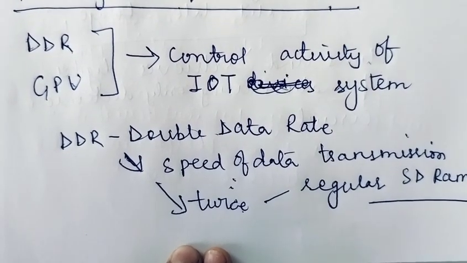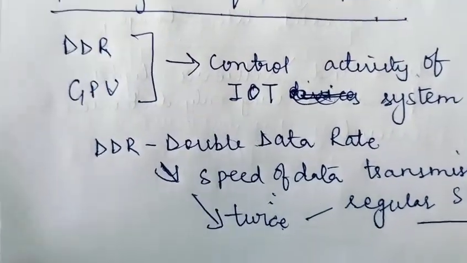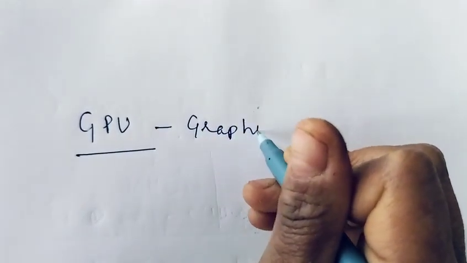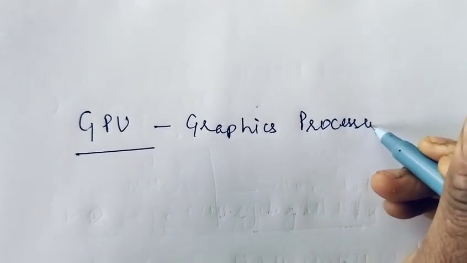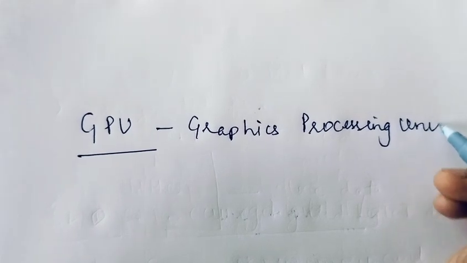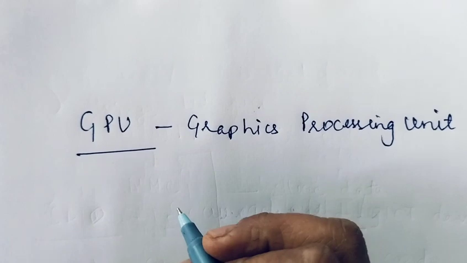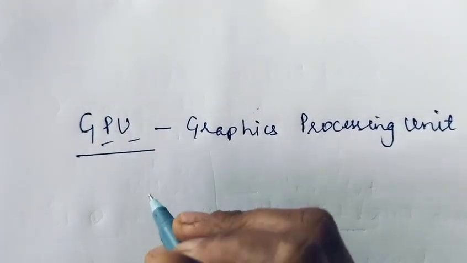GPU stands for your graphics processing unit. Just like you have your central processing unit, the GPU is the graphics processing unit. The full form of GPU is the graphics processing unit. Now, what does this GPU do? It is a specialized processor. As the name says, processing unit. What kind of processing unit? The graphics processing unit.